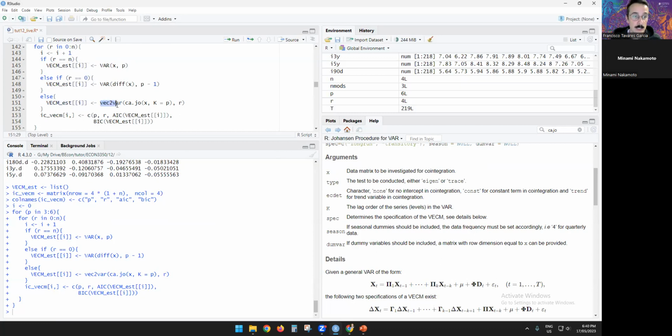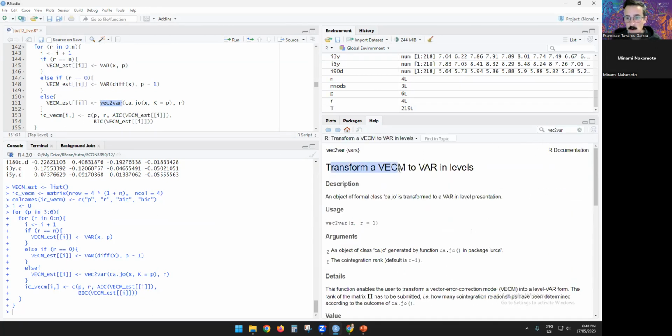So we will use the function vec2var, which comes from the vars package, to transform a VECM to VAR in levels. Then this VECM is coming from the Johansen function that we used before, so ca.jo, using our data, and then for the amount of lags p, but then we're adding this r in here, which is the rank.